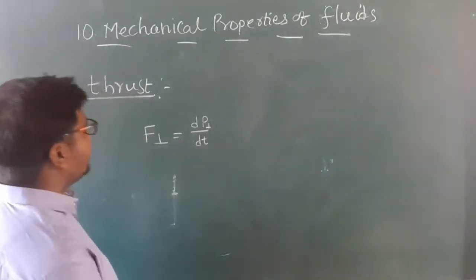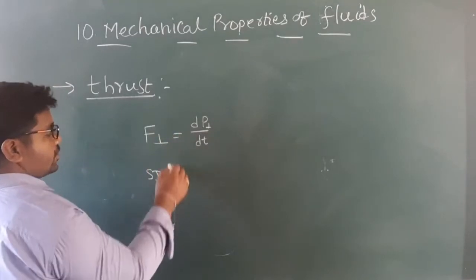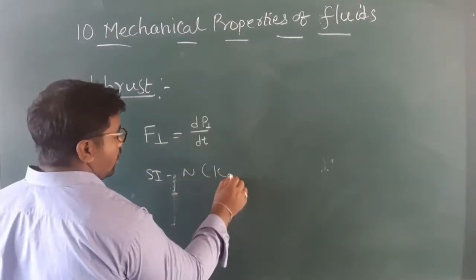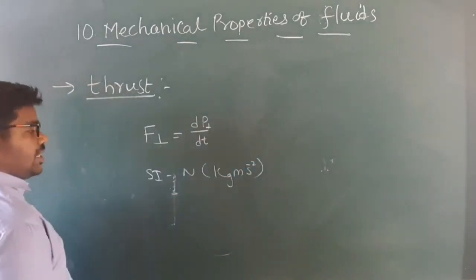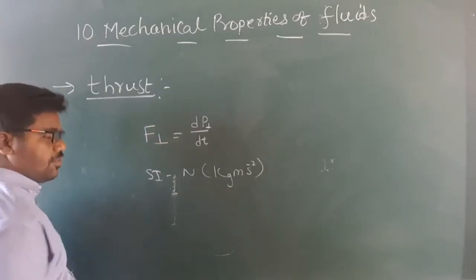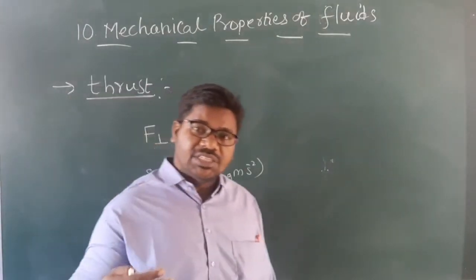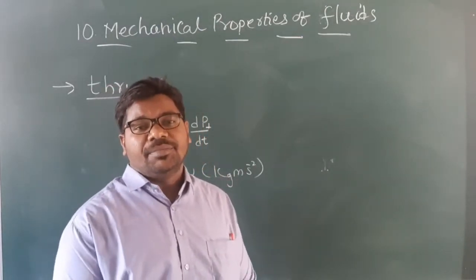Okay, so what is the SI unit of thrust? According to force, the SI unit of force is Newton or kilogram meter second power minus 2. So indirectly, thrust is a force. That's why it is a vector quantity. We can represent it with direction and magnitude.